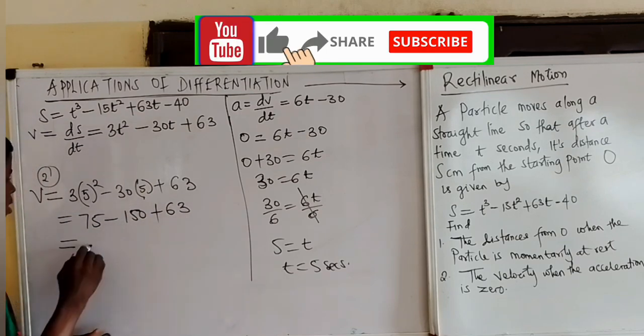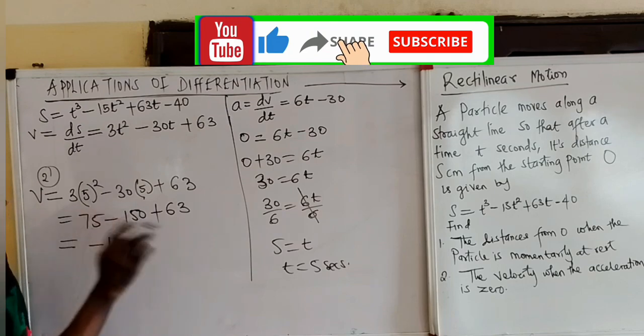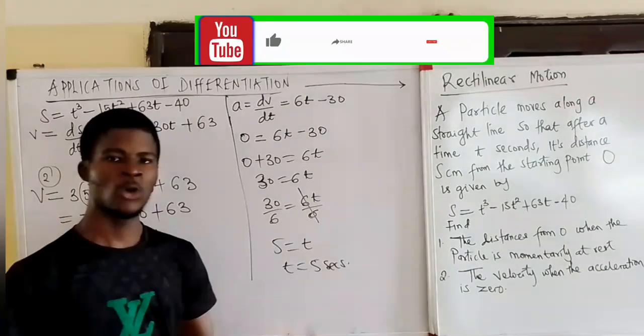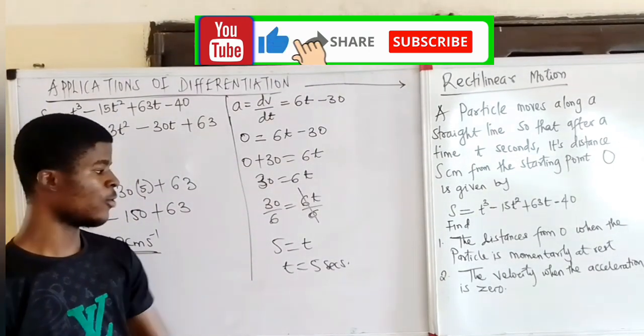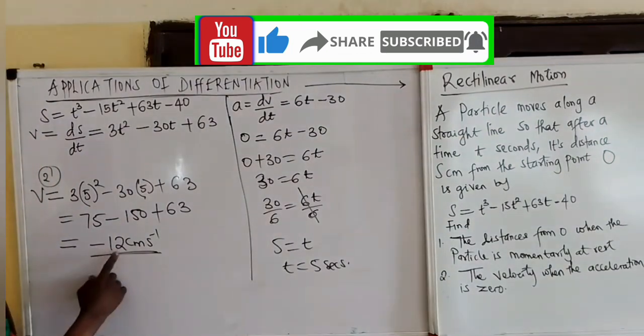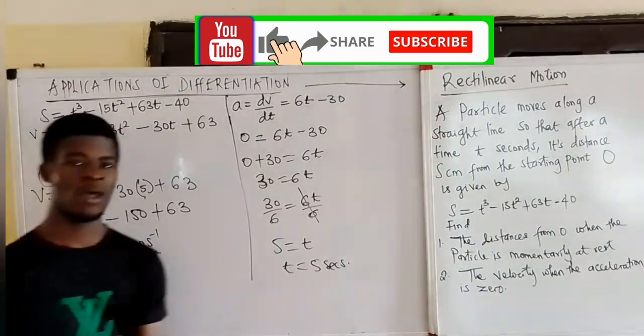So we have minus 12 centimeters per second. So when the acceleration is 0 at t equal to 5 seconds, the velocity is minus 12 centimeters per second.